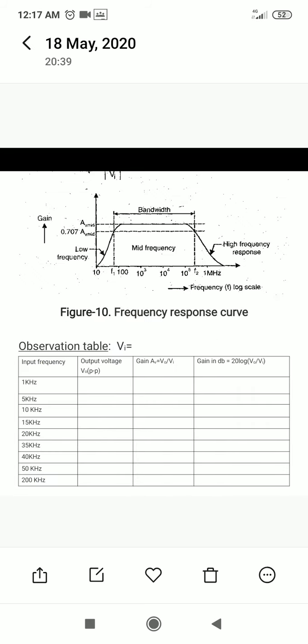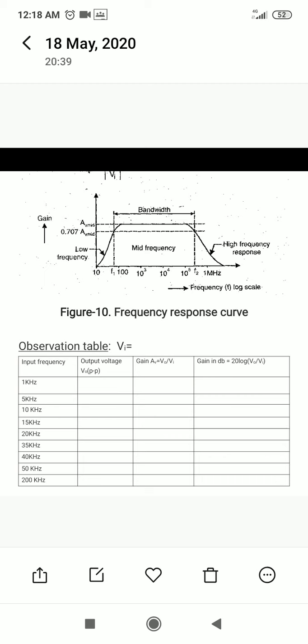Next, we will see the frequency response curve of the CE amplifier. This is the frequency response curve and observation table. Input frequency varies while Vi will remain the same. If we vary the input frequency, we will get different outputs. The gain AV equals V0 by V in, and we will calculate gain in dB, that is 20 log V0 by V in.